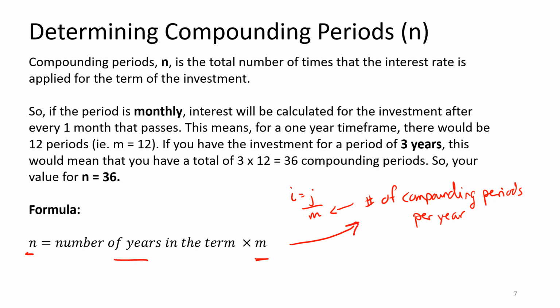Remember, m is the number of compounding periods per year. So like I noted up here, if you have an investment for 3 years and you're compounding monthly, or 12 times a year, your value for n is 3 years times 12 compounding periods per year, giving us a value of 36.